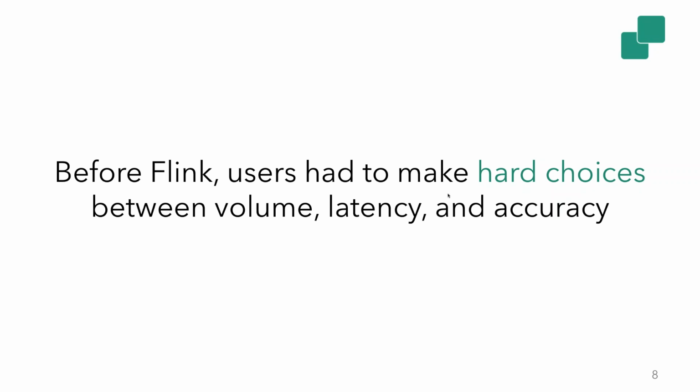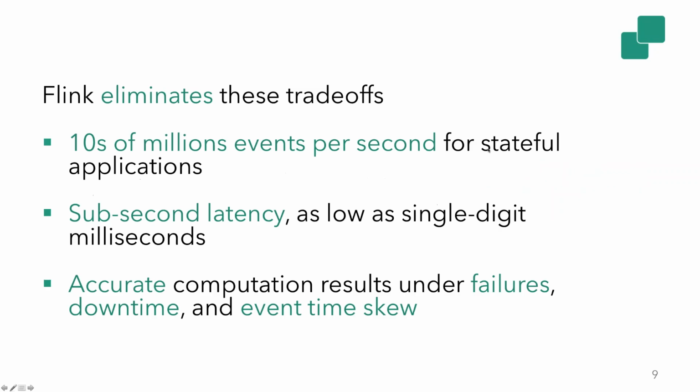Usually you could get one of the three or two of the three, but never three of the three. And that was the reason that people invented things like the Lambda architecture to combine streaming and batch technology to get accuracy, etc. But the point is that with Flink, you no longer have this trade-off. So Flink eliminates this trade-off.